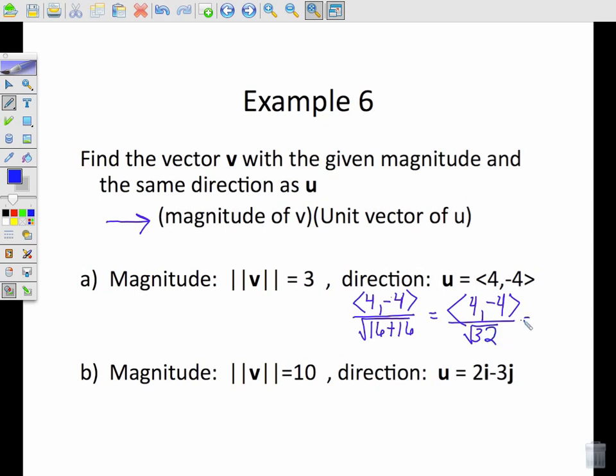We need to simplify this. 4, negative 4 over the square root of 32 can be written as 4 square roots of 2. All right, I'm going to keep simplifying this. I'm now going to come back here to the other side.